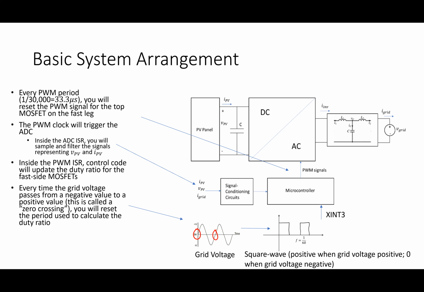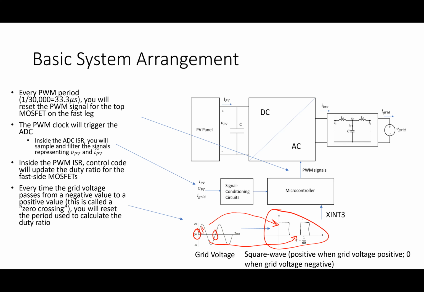The way we represent that is using a square wave here. So what I see is that every time the voltage here is positive, I have a square wave that is set to 3.3 volts. It's high. And every time the waveform is negative, the value of that square wave is 0.